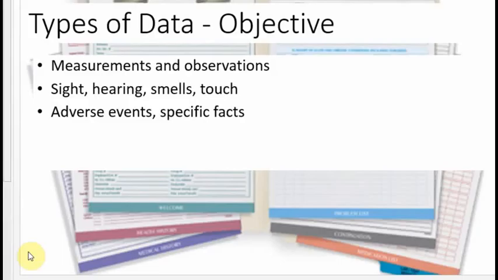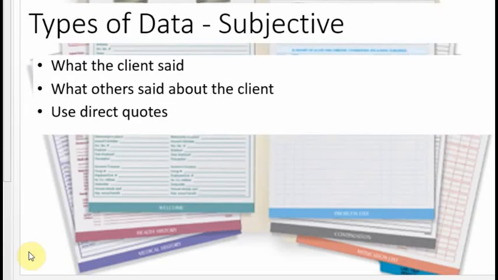Adverse events, specific facts. Whereas subjective data is the information obtained from what the client said or what others, generally the family, said about the client. Your goal should be to be as objective as possible. To make subjective information more accurate, use direct quotes of what the clients or the families said. What exactly did they say?